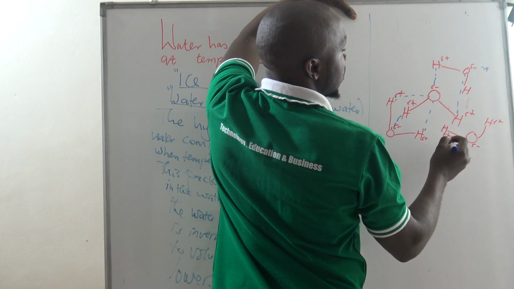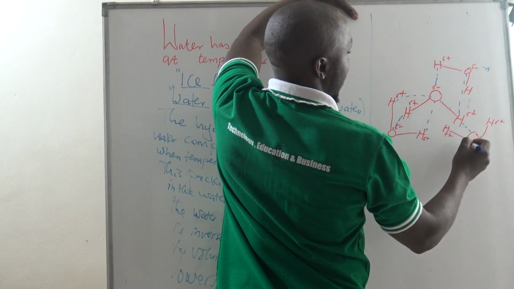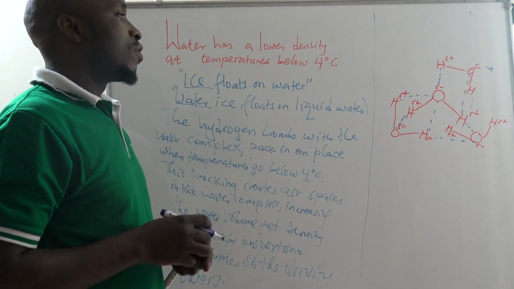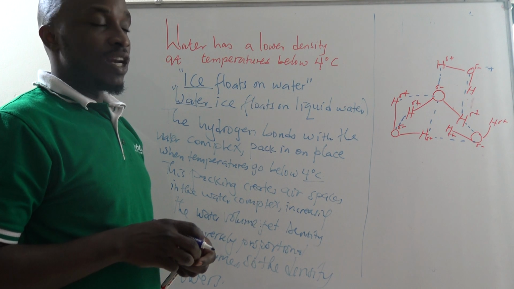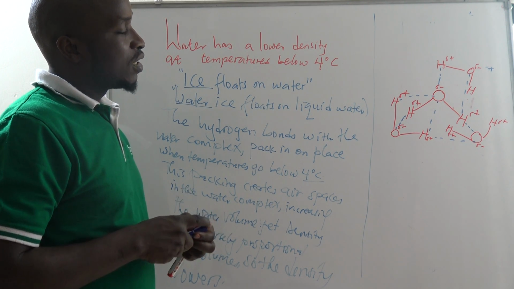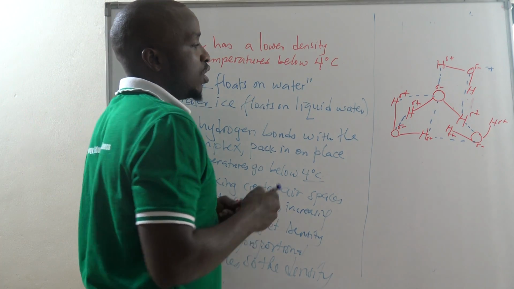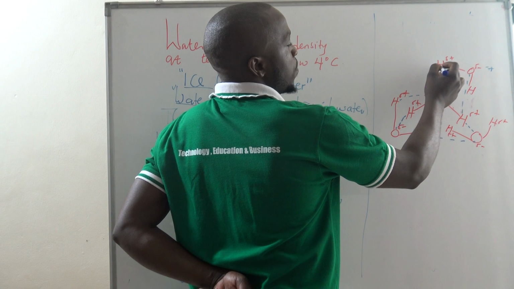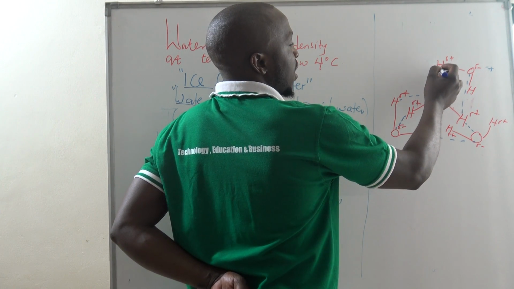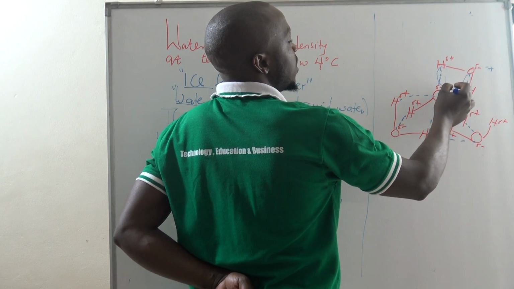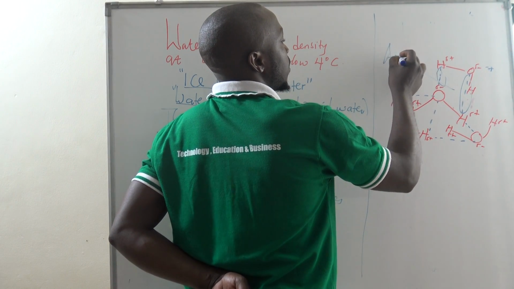Because hydrogen bonds are not static. They can move from one atom to another so long as there is hydrogen involved with a more electronegative element. So these hydrogen bonds, when temperatures cool, will pack in one place and remain in those positions, creating these air spaces.